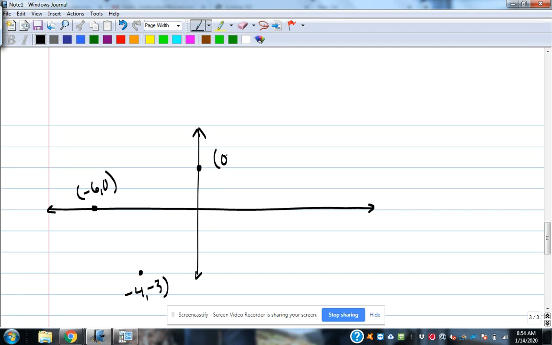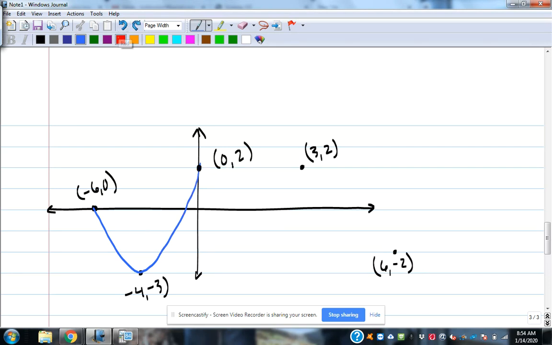This point up here is (0, 2). Here's a point (3, 2). And then down here is going to be (6, -2). I'm going to draw a graph that goes through those. So just try to get it close to looking like mine. It doesn't have to be perfect, but you do need those ordered pairs.